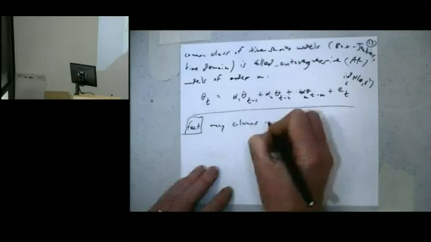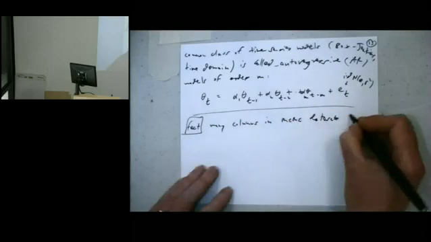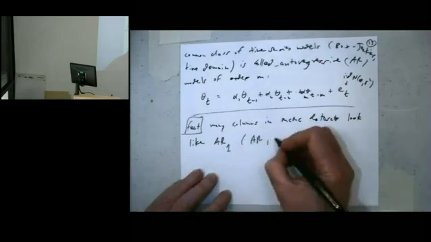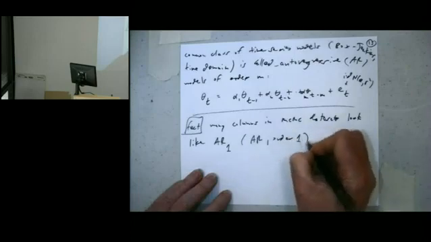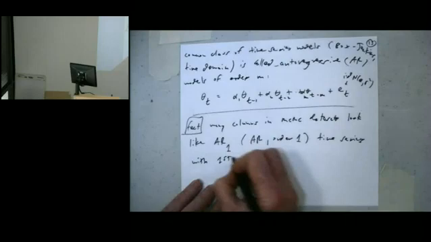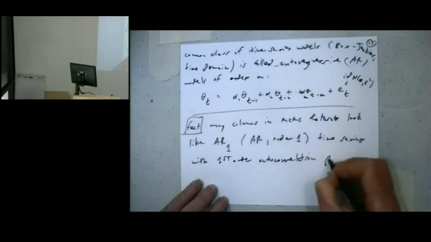Many columns in MCMC data sets look like AR1, that is, AR of order 1, time series with what people call, well, we know this already, first order autocorrelation rho 1.